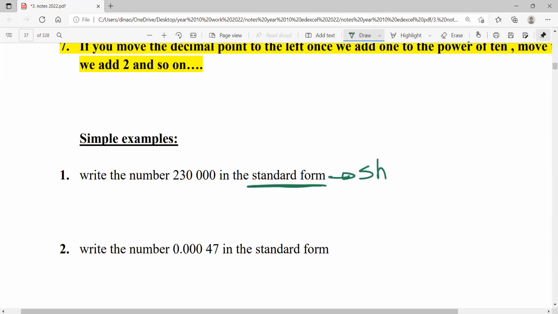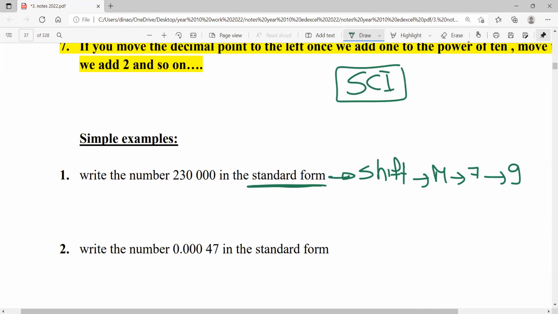I'll press Shift Mode 7-9. This is the calculator here in front of me. Press Shift Mode 7-9. You will find these three letters appear on top of your screen. SCI means scientific notation. And then what do we simply do? I write this number as it is on the calculator with all its zeros, and then I press equal.